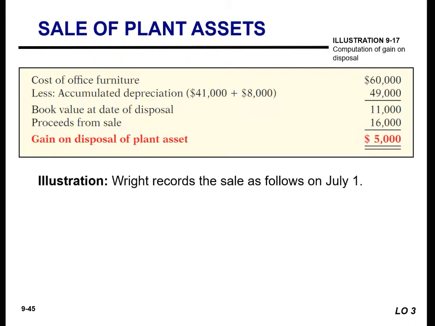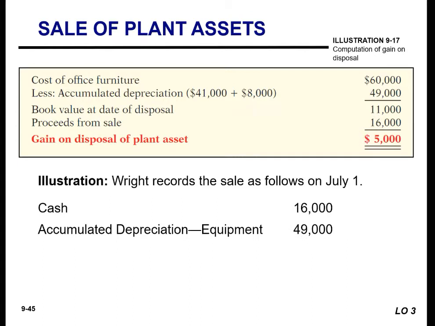The entries to record that are to recognize the proceeds received in the form of cash as $16,000. We have to remove the accumulated depreciation to date on the equipment. So we do that through a debit of $49,000. We have to remove the actual equipment cost.